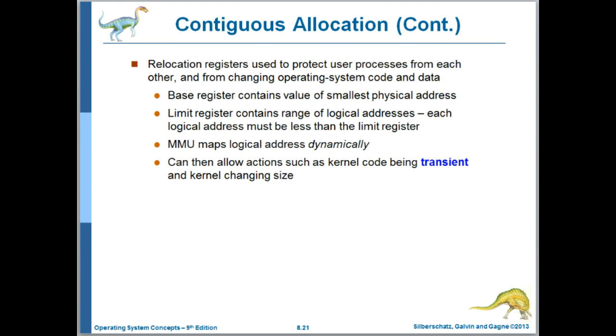And then base and limit registers are used to protect processes from each other, so that if a process tries to access memory outside of its partition, a trap occurs, and most likely the process is terminated. But of course, the kernel itself is allowed access to all of physical memory.